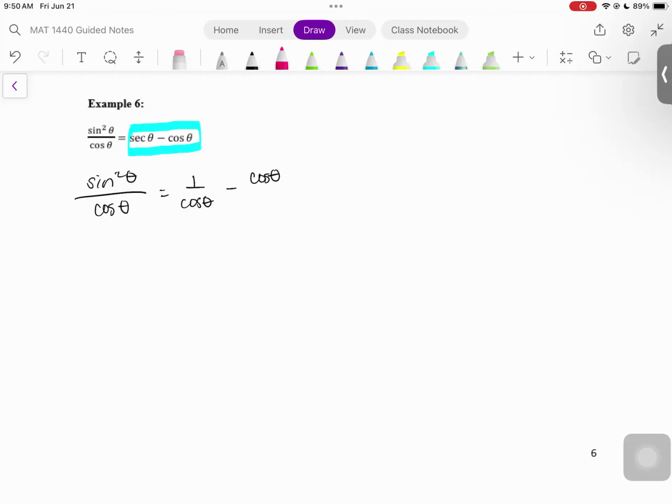I'm going to work to get a common denominator on the right-hand side. So I'm going to multiply by cosine theta over cosine theta. So sine squared theta over cosine theta is equal to 1 over cosine theta minus cosine squared theta over cosine theta.